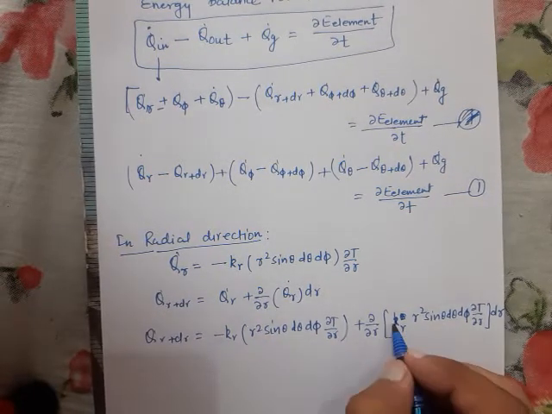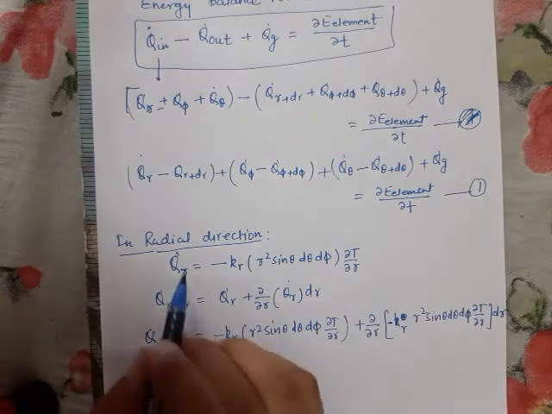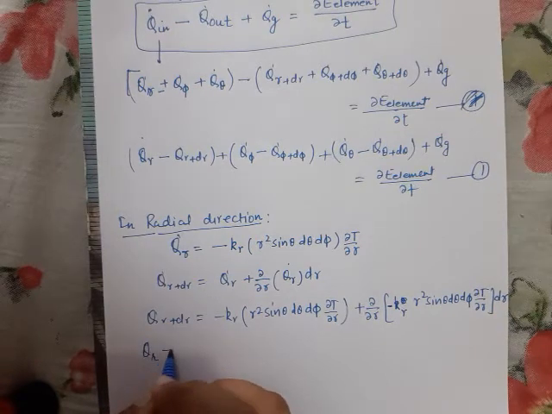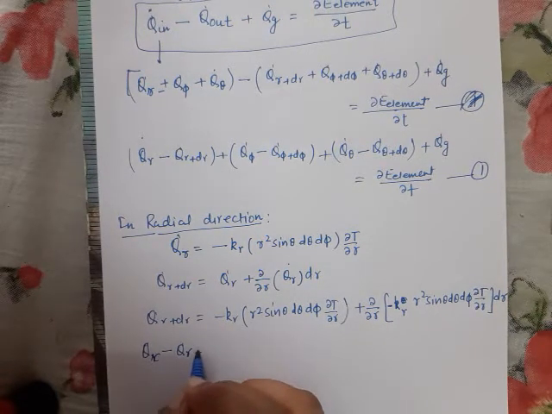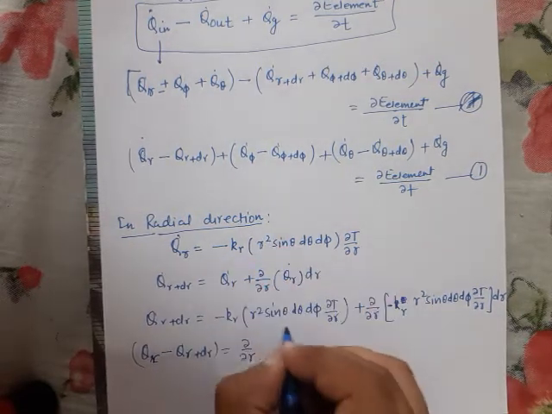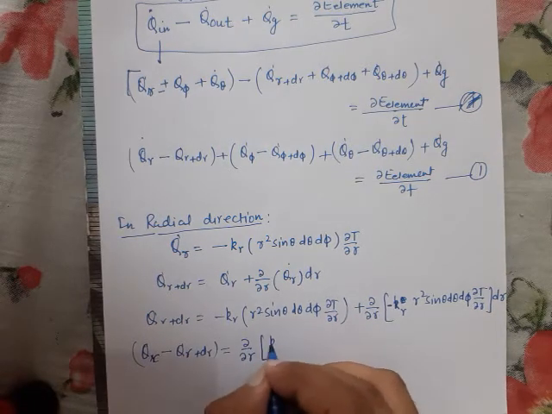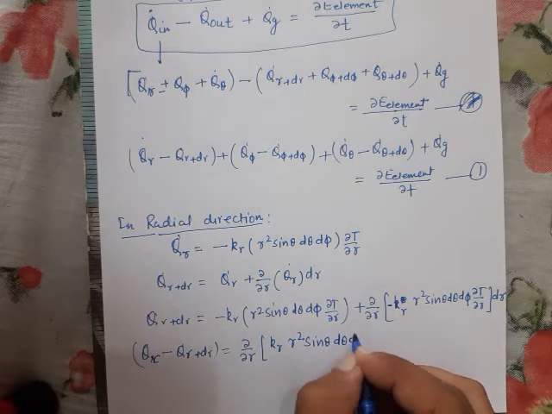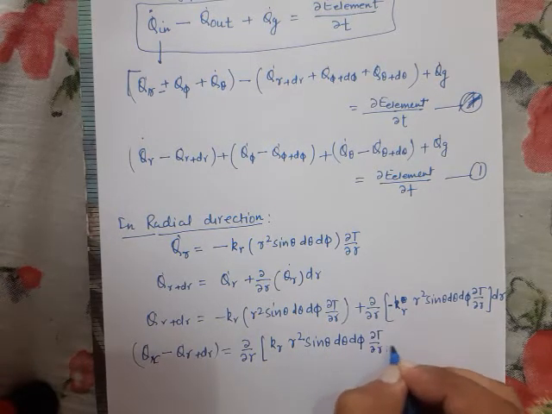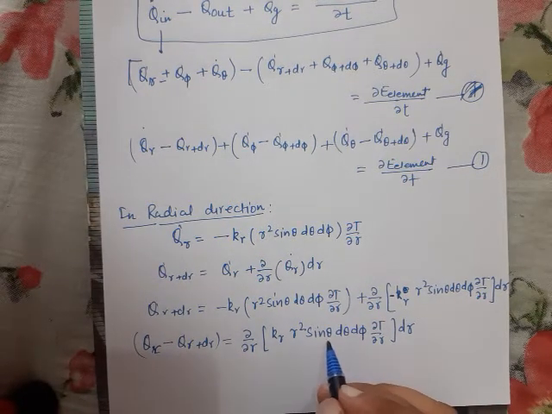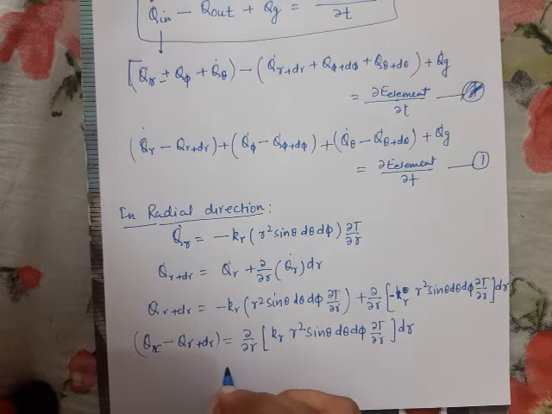Now I will do the same. Subtracting, because I need to calculate Q_r minus Q_(r+dr), the first term cancels out, so it would become only del upon del r of k_r r square sin theta d phi del T upon del r, multiplied by dr. If you want to take something out of the expression, you can take sin theta d phi out.